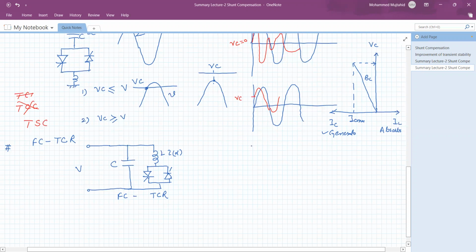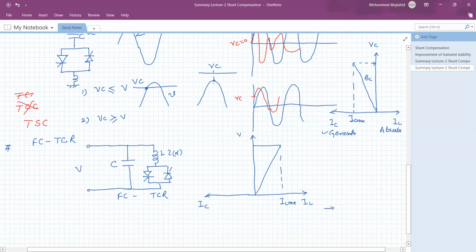So what would be the VI characteristic, or operating area, under such a condition? This is the IL and this is IC. The voltage is V. Let us assume that the inductor is larger as compared to the capacitor, so here the inductor has a higher value. This is the maximum value of current, IL maximum.